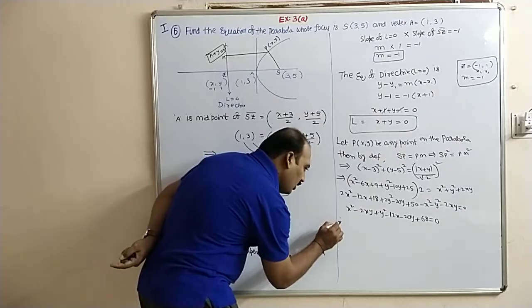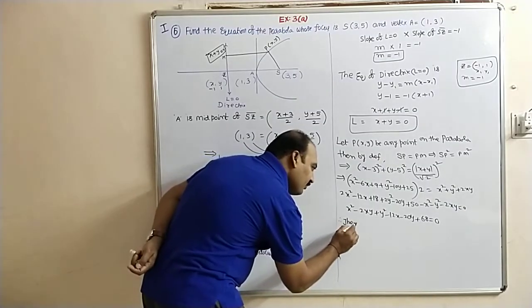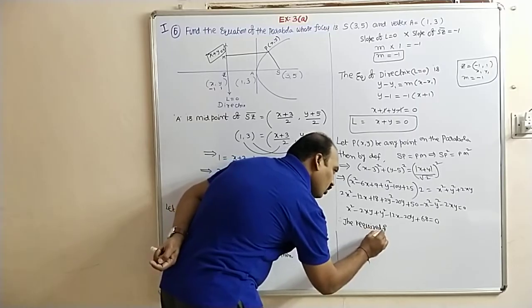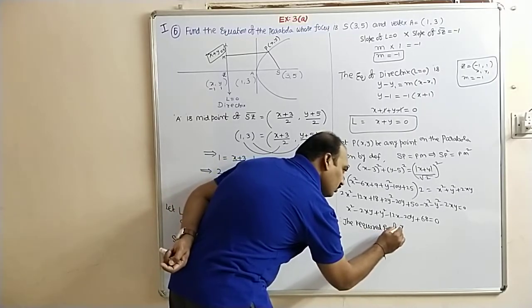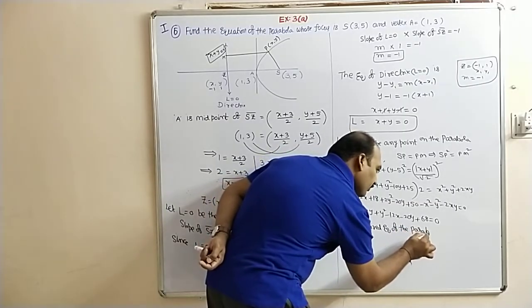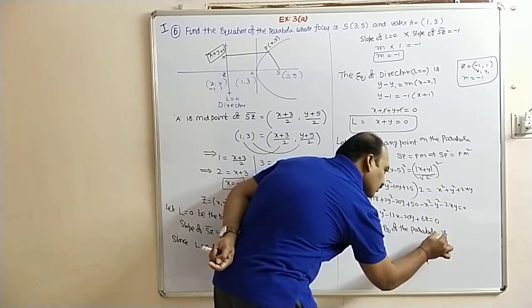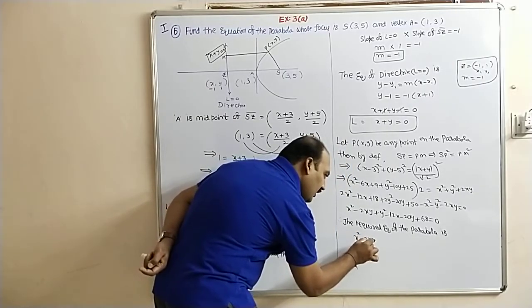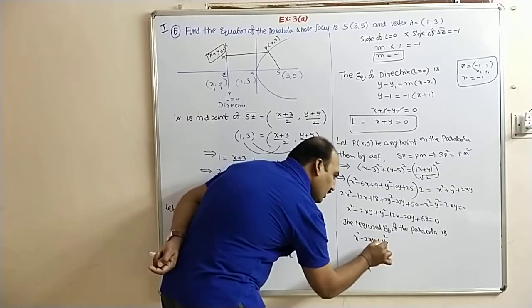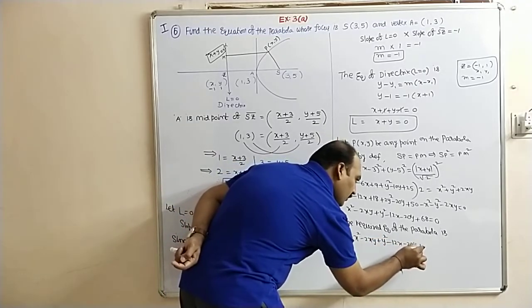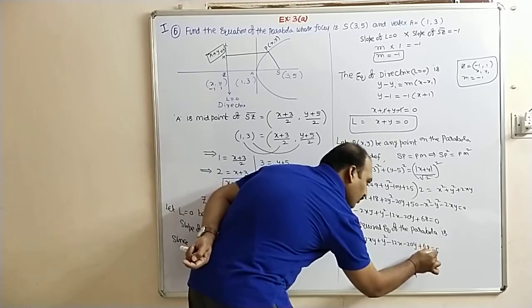Therefore, the required equation of the parabola is x square minus 2xy plus y square minus 12x minus 20y plus 68 equal to 0.